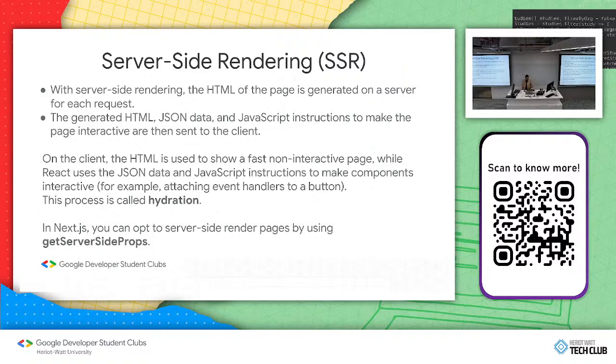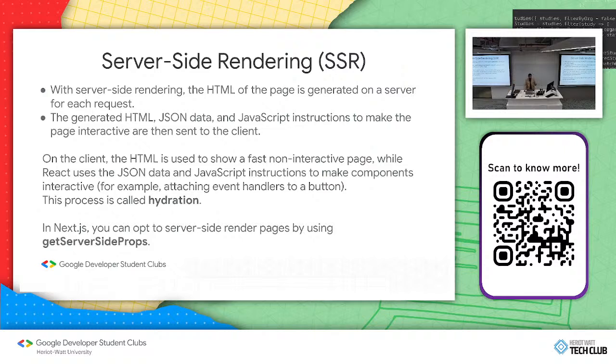On the client, initially the HTML page is shown as a non-interactive version of itself. But when JavaScript and the JSON data, as well as other components that are passed on from the server, are loaded in properly, then hydration takes place. That is, the web page becomes more interactive.